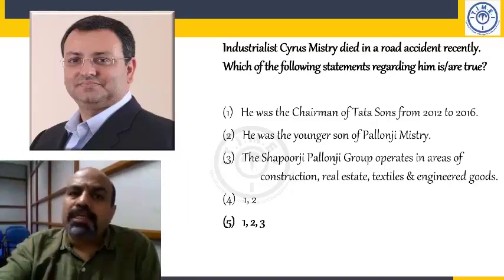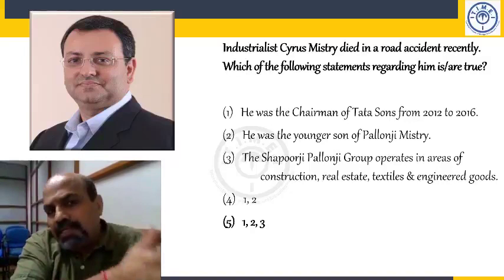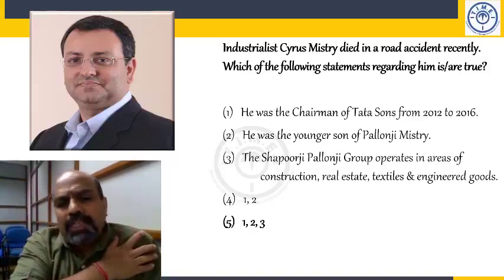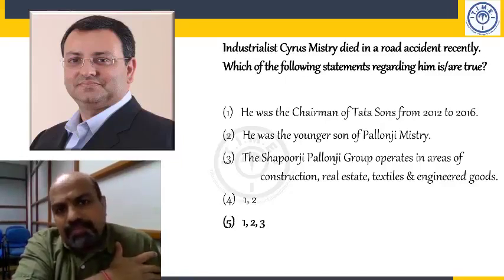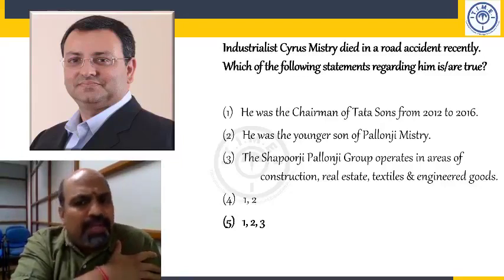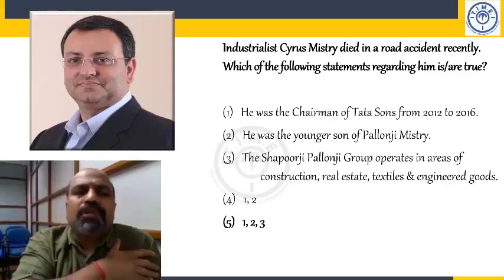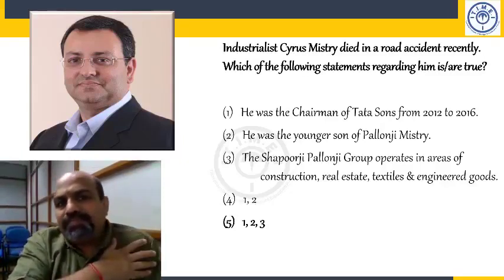Unfortunately, Cyrus died recently in a road accident, while the Shapurji Pallonji group is run by Shapur Mistry. For the Mistry family, it's been a double tragedy because a couple of months before Cyrus passed away, Pallonji Mistry passed away.